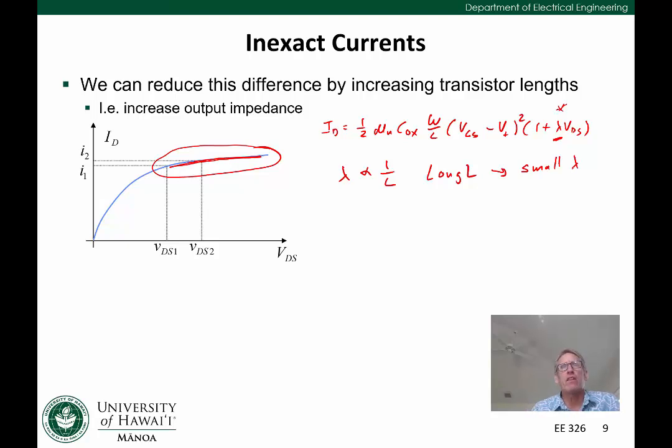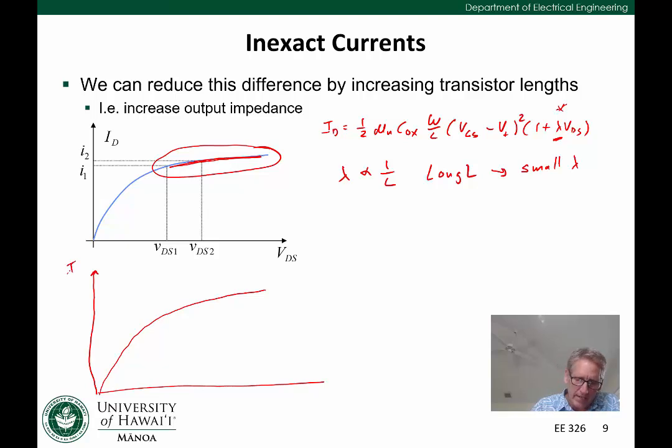If we wanted to plot this qualitatively, what we'd see is something like this. We have this IV curve here, ID versus VDS. That's supposed to copy the blue curve.